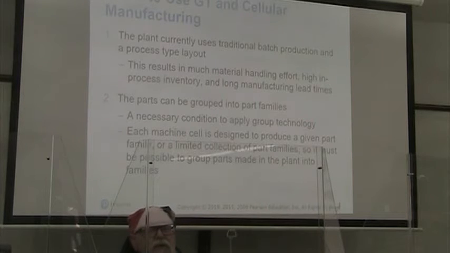All right, so when do we use group technology in cellular manufacturing? Our first instance is that the plant uses traditional batch production and a process type layout. Of course, the result of that is a lot of material handling effort and a high in-process inventory with long manufacturing lead times.